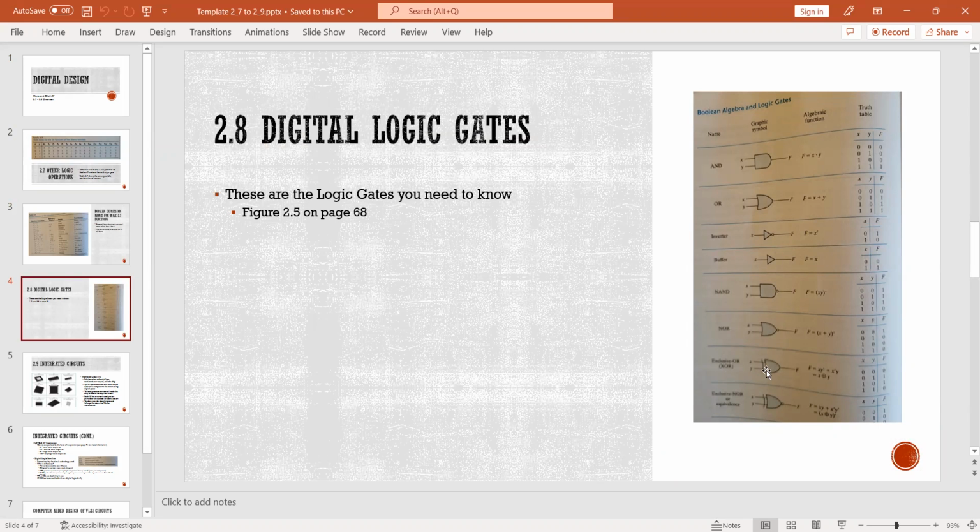The exclusive OR means either or, but not both, and you can see that in here. The exclusive NOR would be the opposite of that. These are the ones that you want to know about.